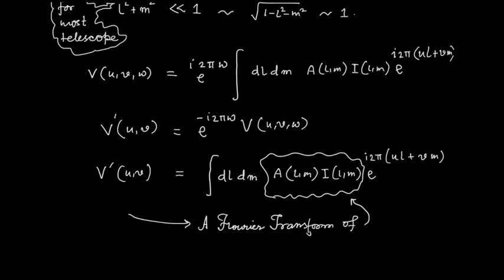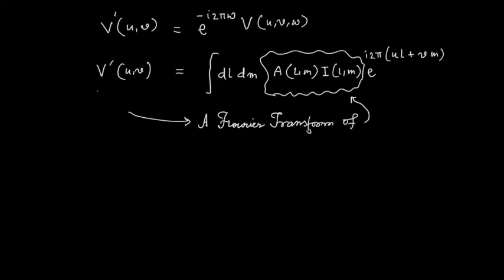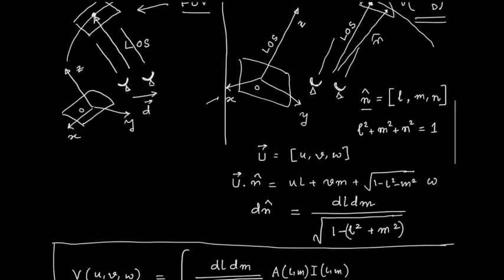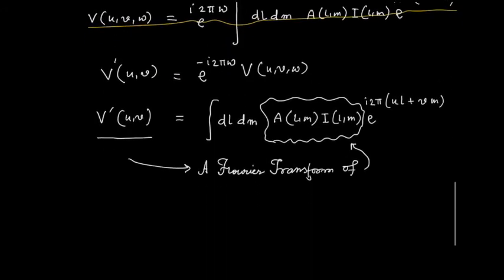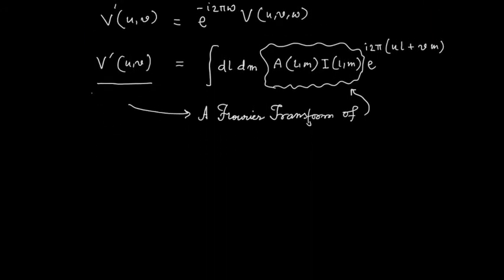So how have we achieved this? We have calculated this by correlating the electric field as measured by two different antennas, right? So this is something that we can measure. V is the visibility. This is a little modified, but remember that this is what we call the visibility. This is something that we can measure. And how do we measure this? We measure using two antennas, a pair of antennas.